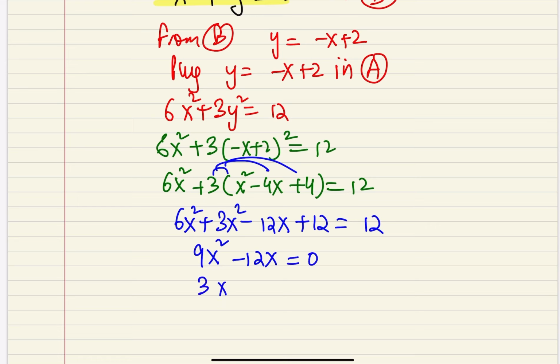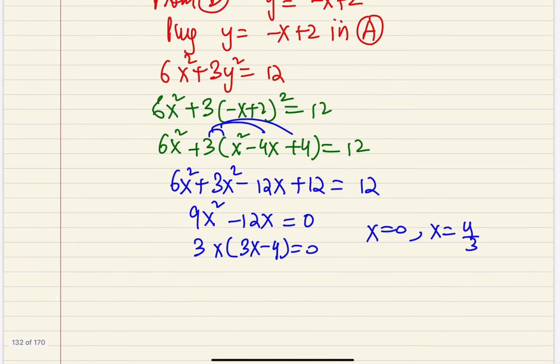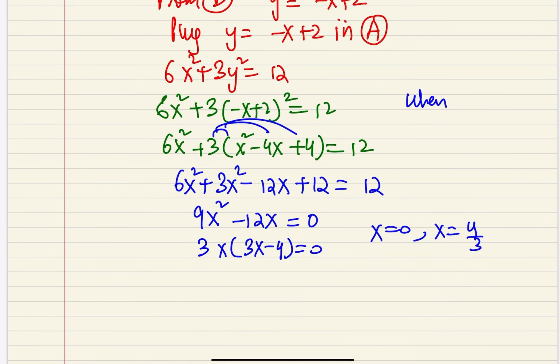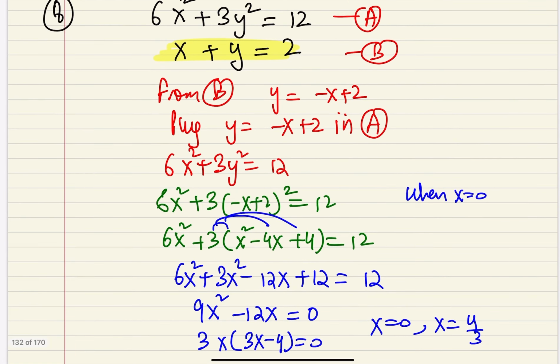We can go ahead and pull out a 3x. 3x minus 4 equal to 0. So when we use the zero product property, we get two x values, x equals 0 and x equals 4/3. When x is 0, we can plug into the yellow highlighted value to find the y value.